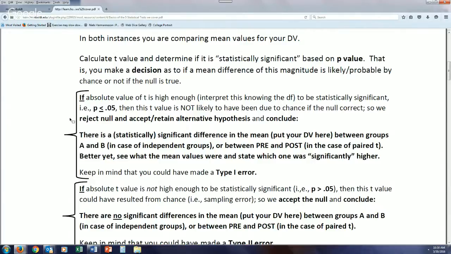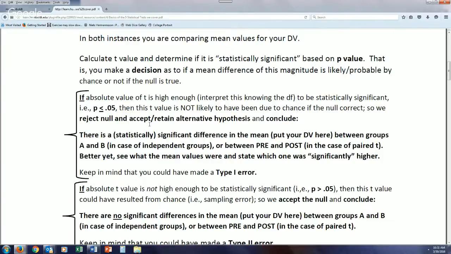If you want to label this portion of the handout, this is the decision you make. You're going to reject the null and you're going to accept or retain the alternative hypothesis. And then you're going to have to write a conclusion. And I really like for people to write a complete conclusion.